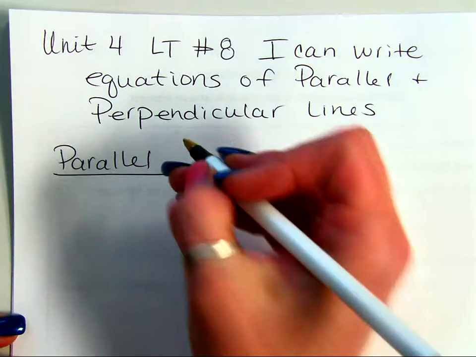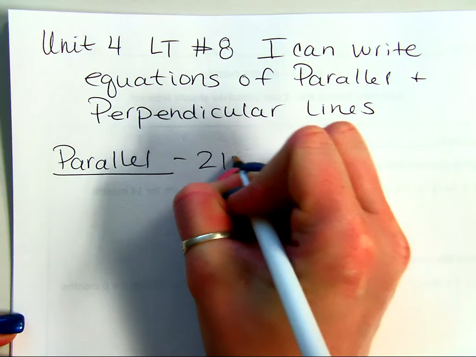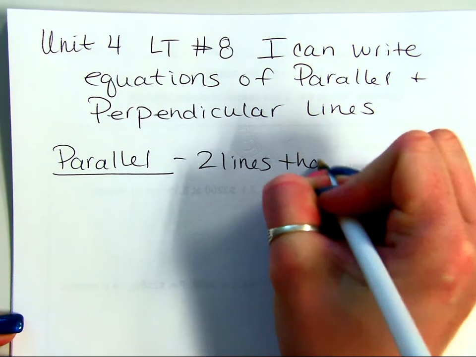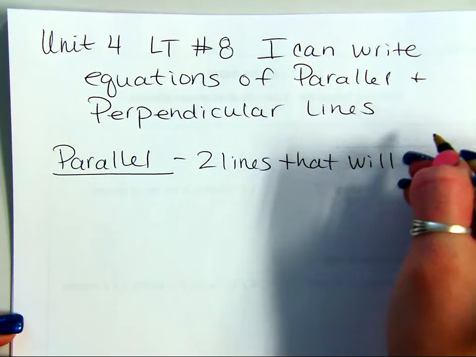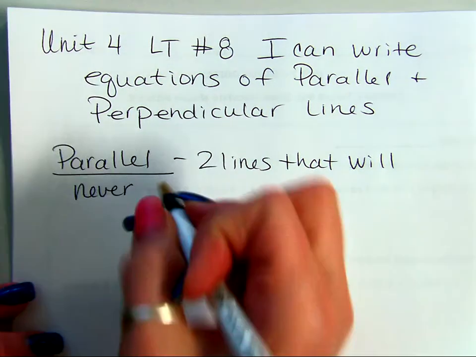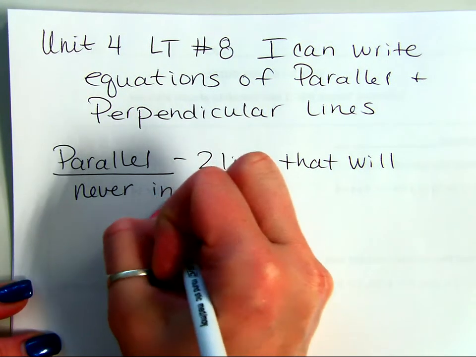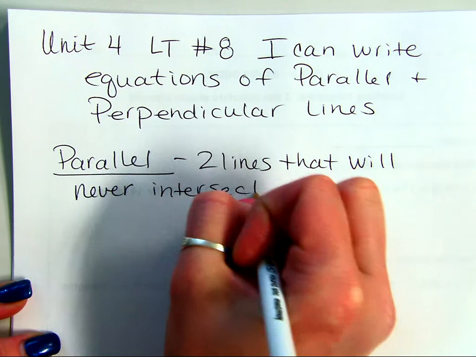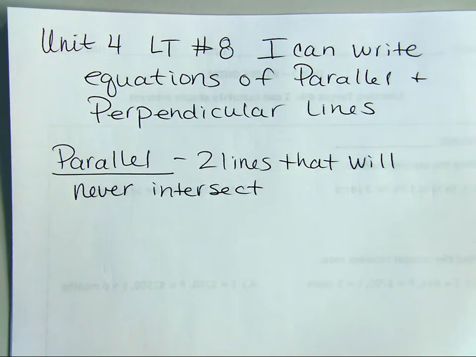Technically, two lines that do intersect... that will never intersect. Okay? So two lines that will never, ever intersect. That's a definition that you learned in geometry.